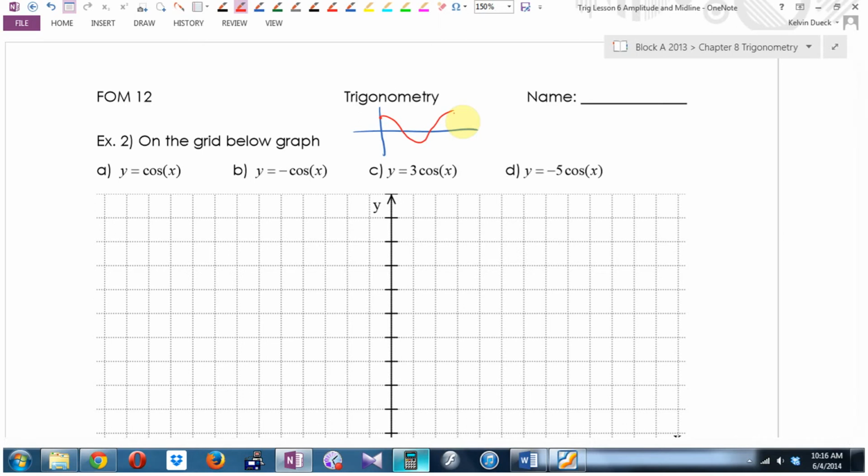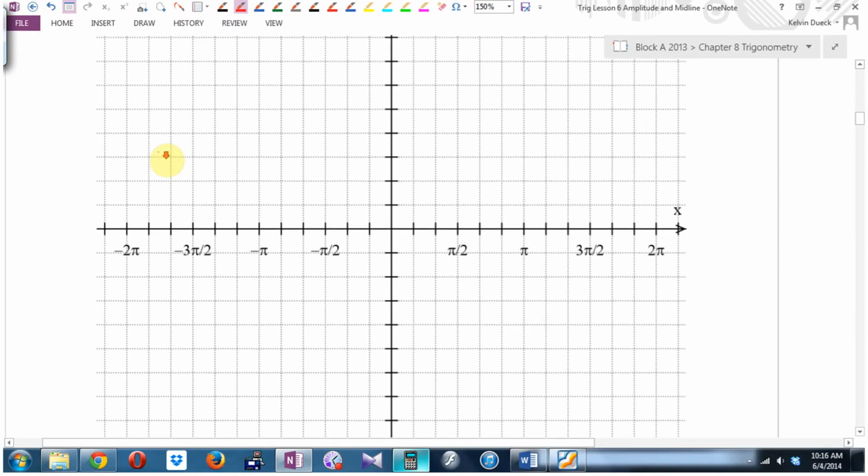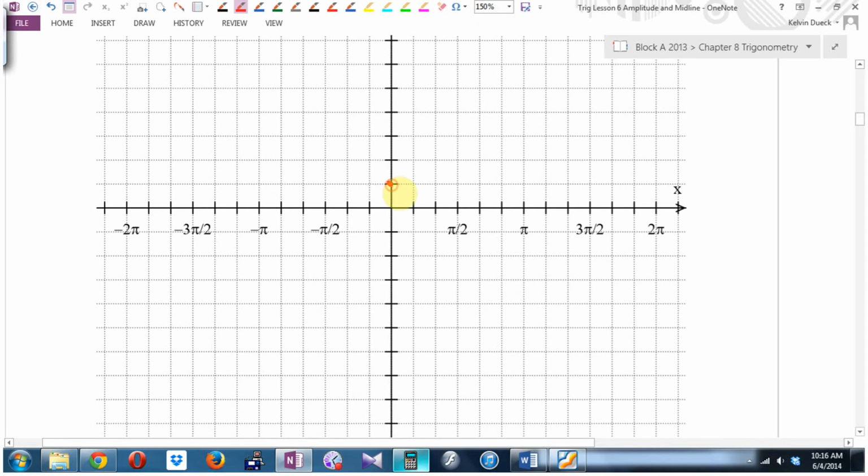Okay? Where cosine normally starts at 1 high and goes to -1. So if I do cosine of x, and I'm going to do it in red, it's going to start right here. And once I go 2 pi, 1 period, Connor, it's going to be the same height as it started from right there.